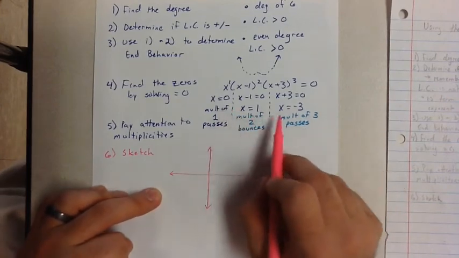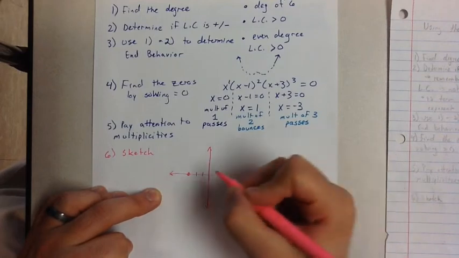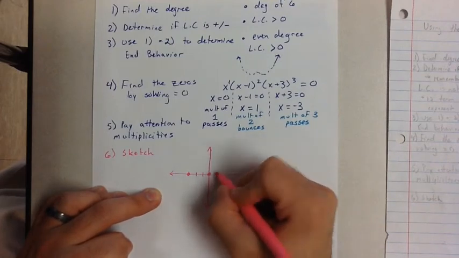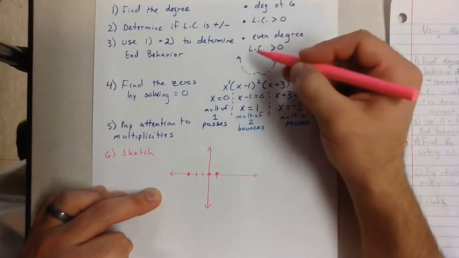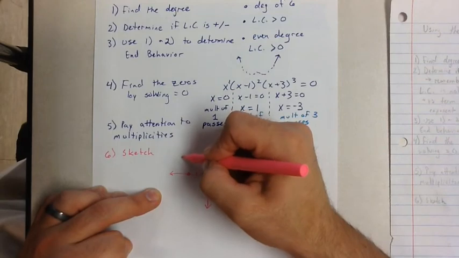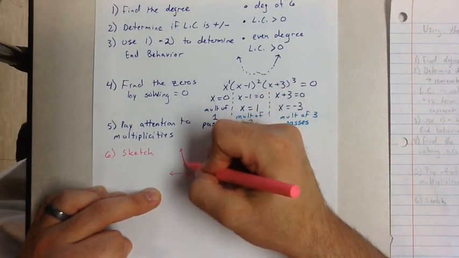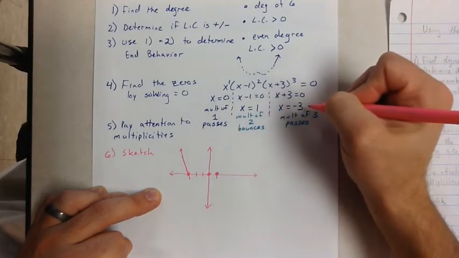So we have zeros of negative 3, 0, and 1. And we know that the ends of our function must be going up. So over here, I'm going up. And I know I have to pass through negative 3.